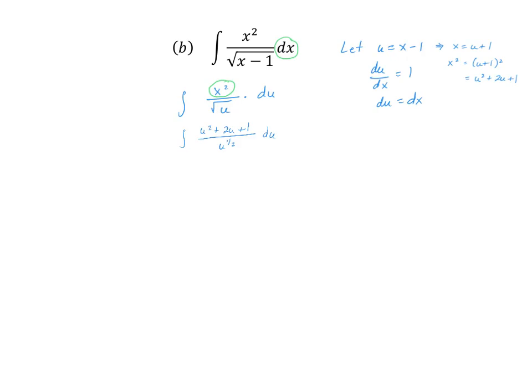But remember, I can break this all up as u squared over u to the 1/2 plus 2u over u to the 1/2 plus 1 over u to the 1/2. So what this substitution allowed me to do was go from that square root, which kind of made me stuck. I couldn't evaluate my integral because I had this fraction with the square root in the bottom, to just this single term that I can break up and simplify.